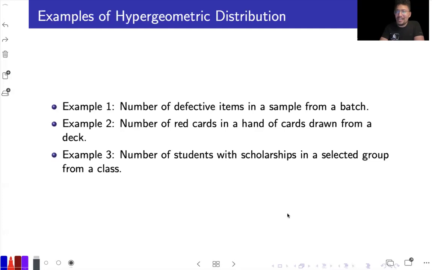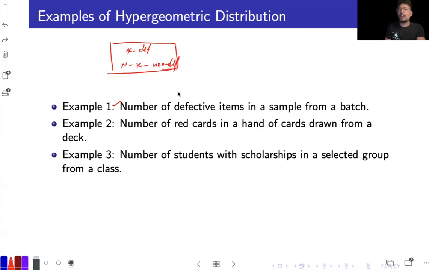Okay. Then we are having some examples that you can think over, like the problem sets where we may find the hypergeometric distribution. The first example is the number of defective items in a sample from a batch. In the complete batch, there may be K defective items and capital N minus K non-defective items.